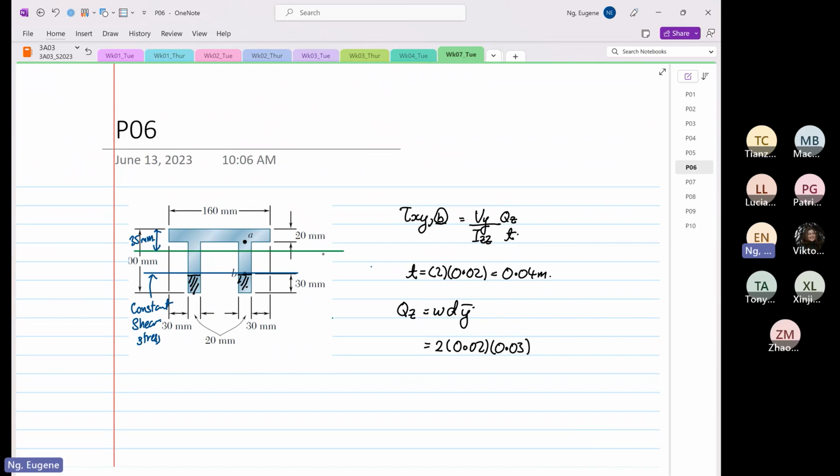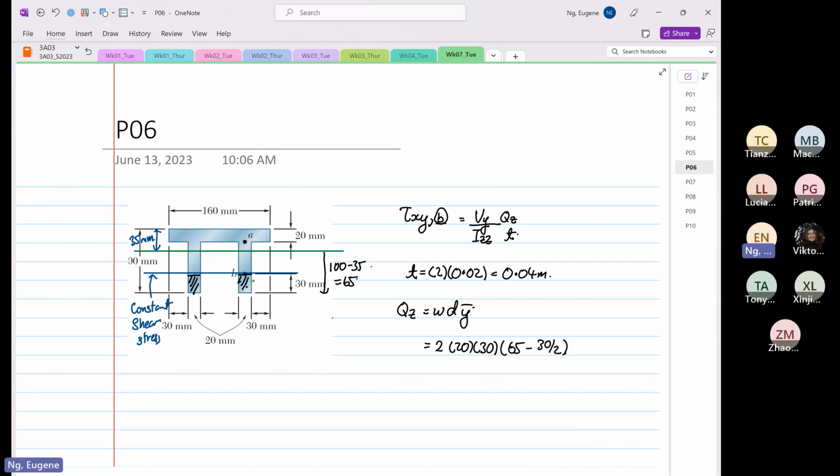We know that the distance to here is 100 minus 35, which is equal to 65. Oh, I do apologize, let's work in millimeters. So 2 times 20 multiplied by 30, and then you have 65 minus 30 divided by 2.